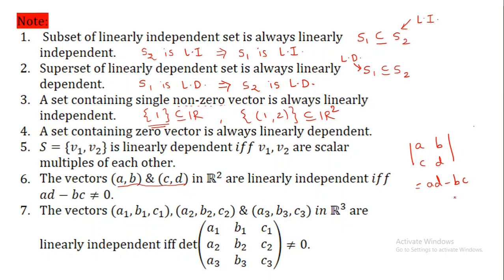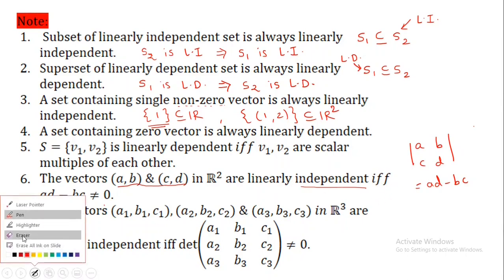If the determinant comes out to be non-zero, then we can directly say that the two vectors are linearly independent, and if the determinant comes out to be 0, then we can directly say that they are linearly dependent, because remember it is if and only if. Let me give one example.